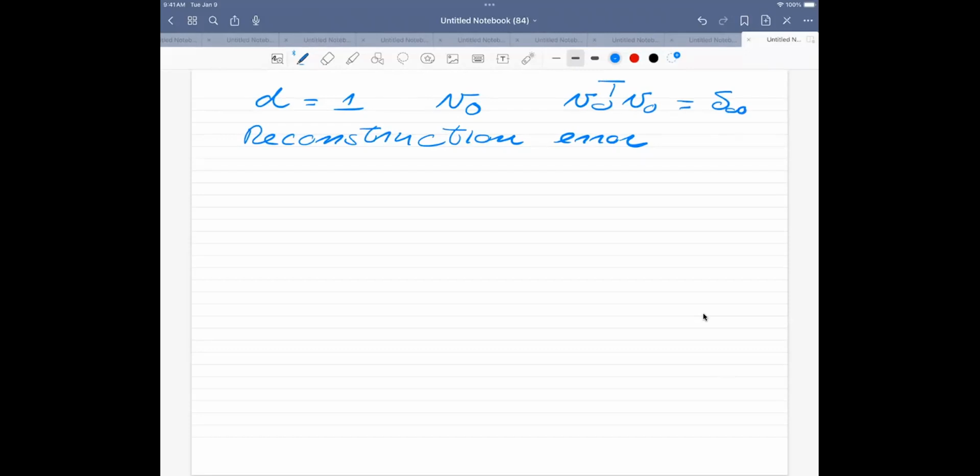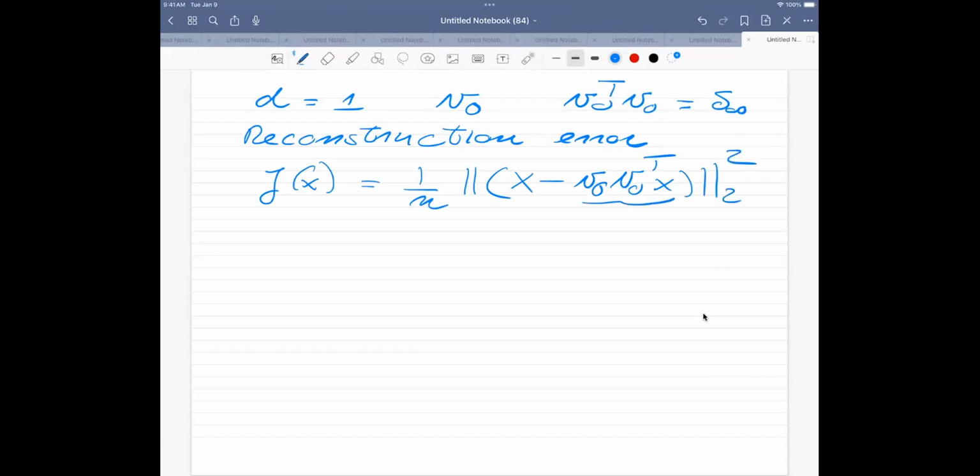So when we then look at the reconstruction error, which I label as J of X, the way you can write this now, over all the data which you have, is as the optimization problem of X minus, and now I have to make a matrix. So this is my V0 times V0 transpose. Remember that V0 is a vector. If I want to make a matrix, which now takes my X and maps it into this X tilde, so this is the reconstruction error.